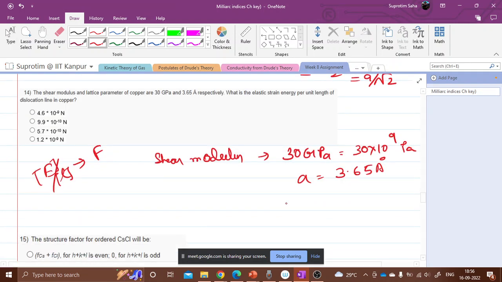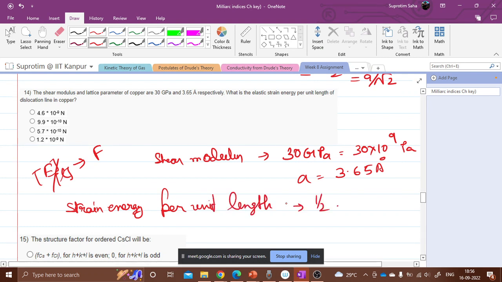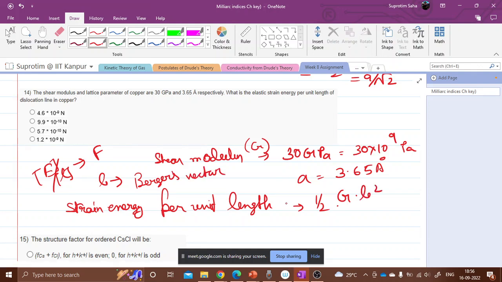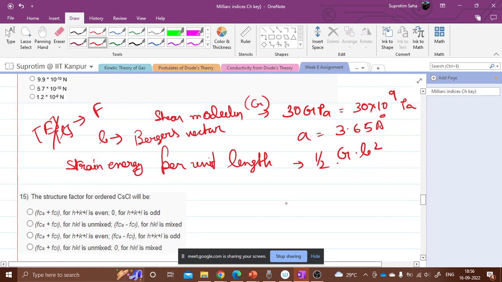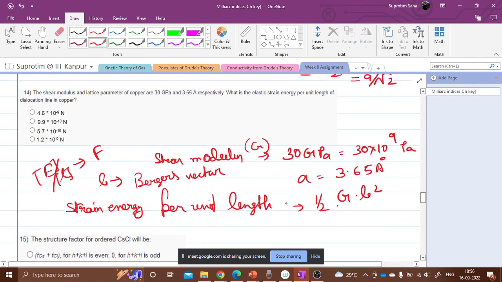The strain energy per unit length is given by half times G, the shear modulus, times B squared, where B is the Burgers vector. The shear modulus is given, but you have to calculate the Burgers vector.